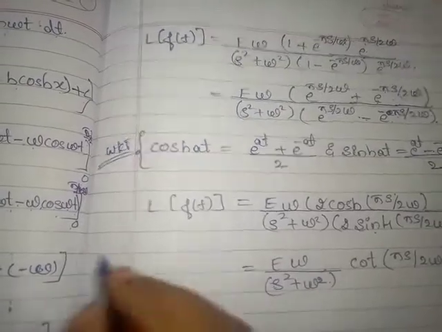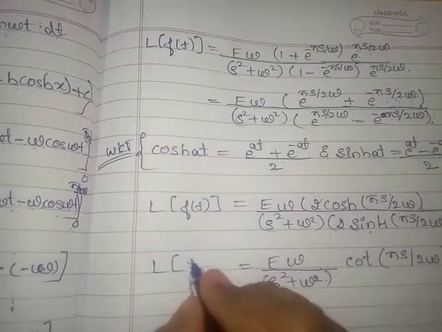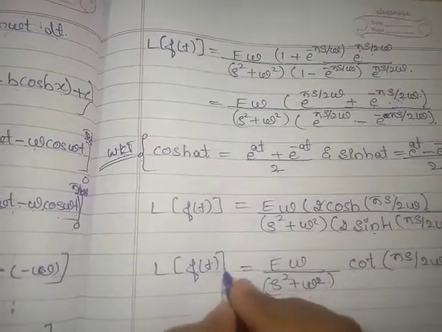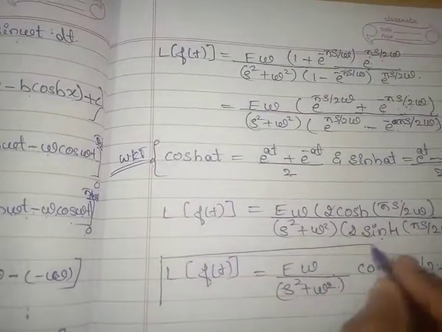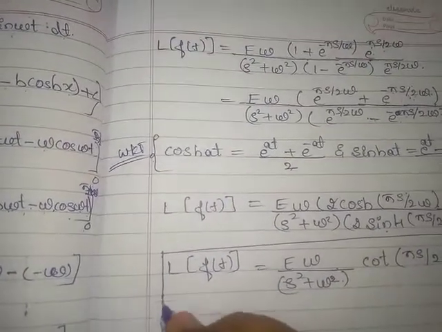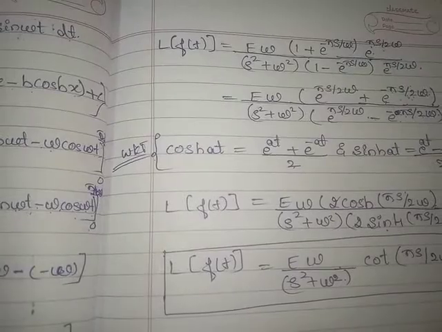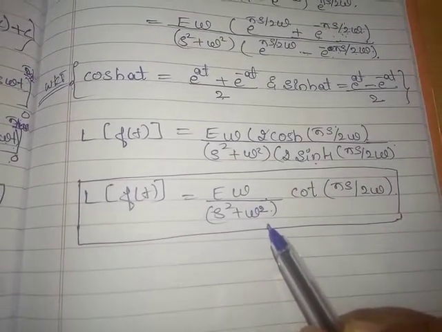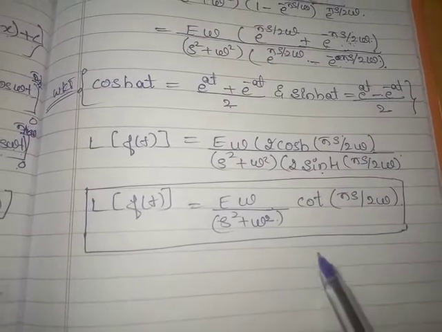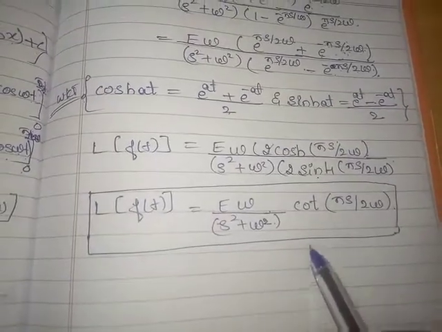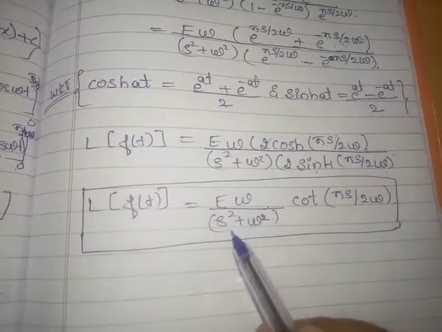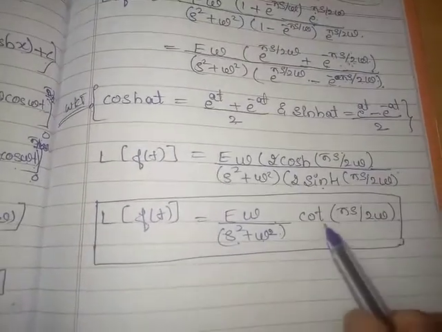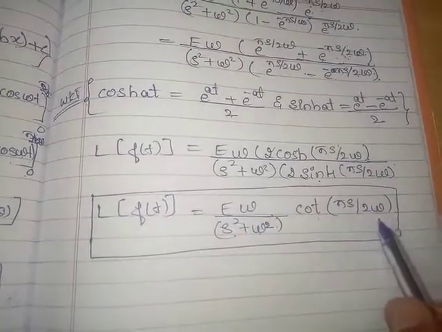This is the required Laplace transform for the given function f of t. Laplace transform of full wave rectifier, that is f of t is equal to e sin omega t for the period pi by omega is e omega divided by s square plus omega square, cot of pi s divided by 2 omega.